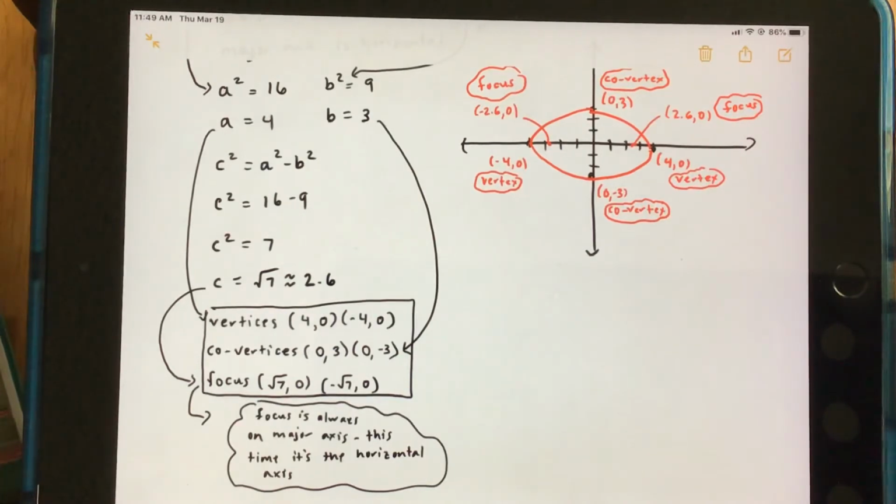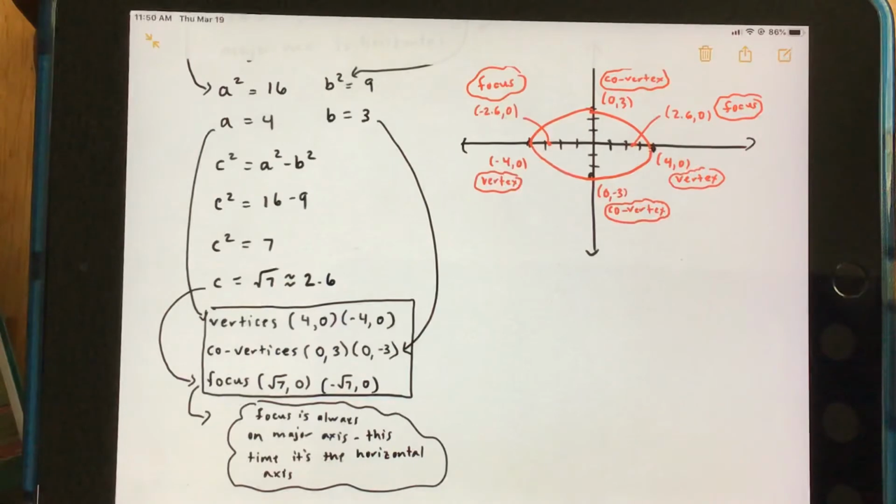Now our covertices will be on the shorter axis. Well, in this case, that's the vertical axis. So based on our b number, we would have ordered pairs of 0, 3, and 0, negative 3 for our covertices. Our focus points are going to lie on the major axis. So notice here that where the zeros are in the vertices matches where the zeros are in the focus.